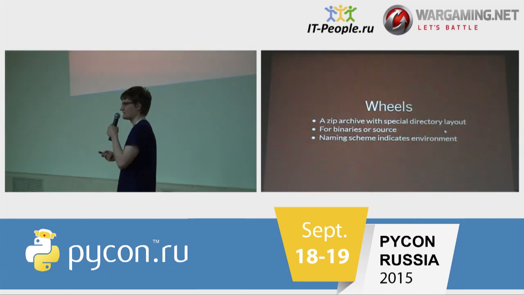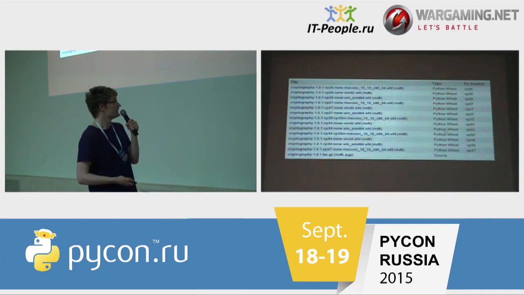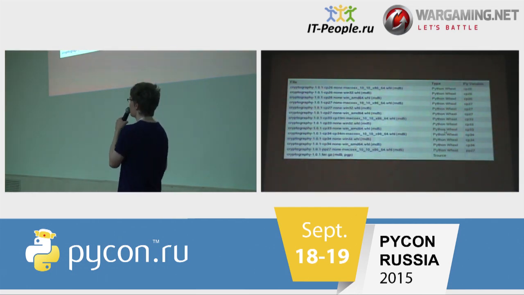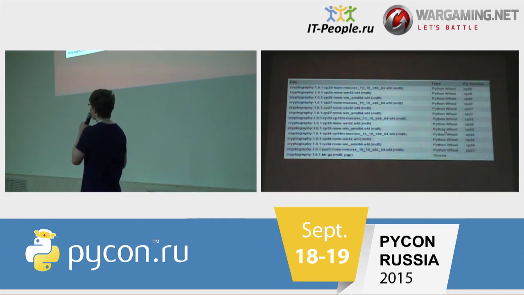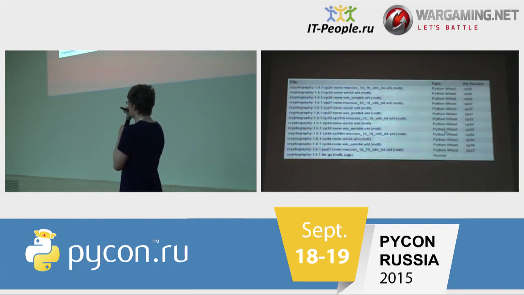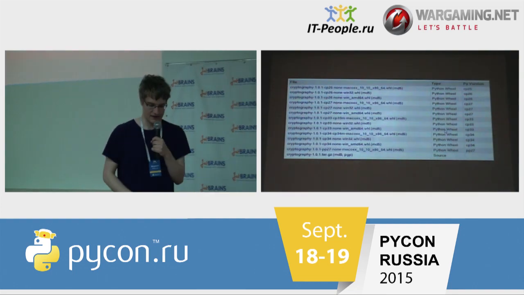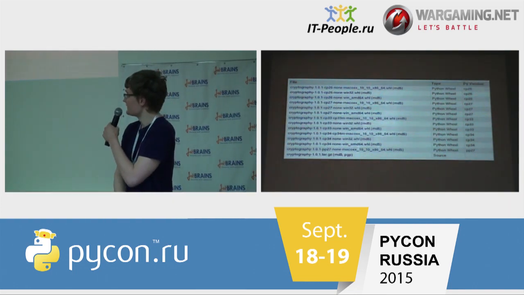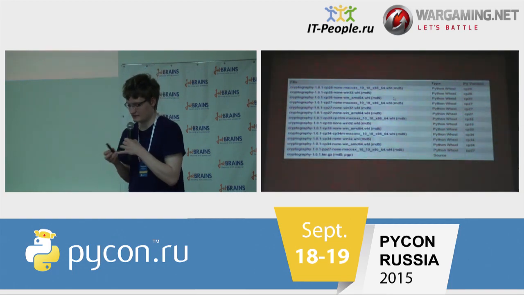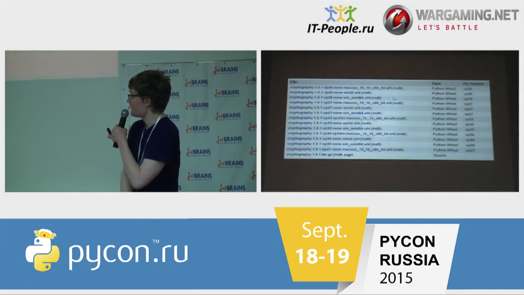And so rather than actually digging in and talking about that, I'll just show you some examples. So this is the cryptography Python package, and they have a lot of wheel files, so everything except the bottom thing is a wheel file. And so they have C extensions, and C extensions are generally only compatible with one major version of Python and one operating system.